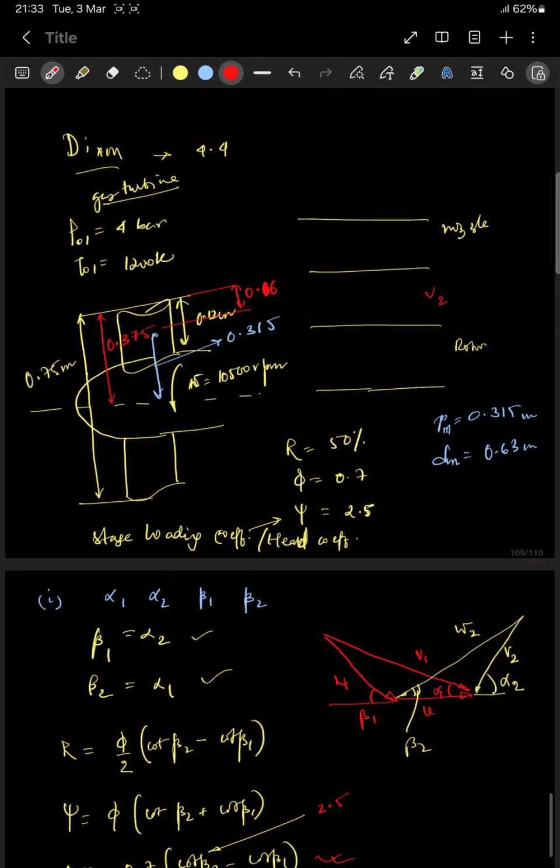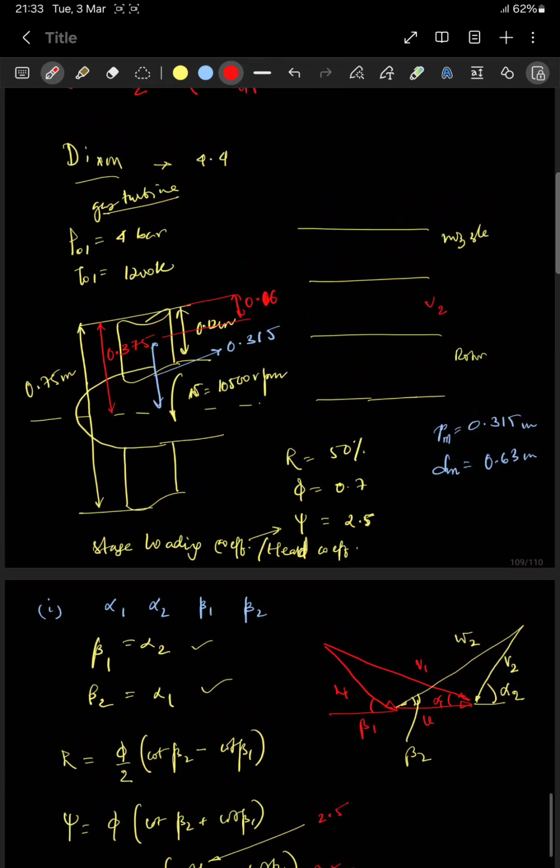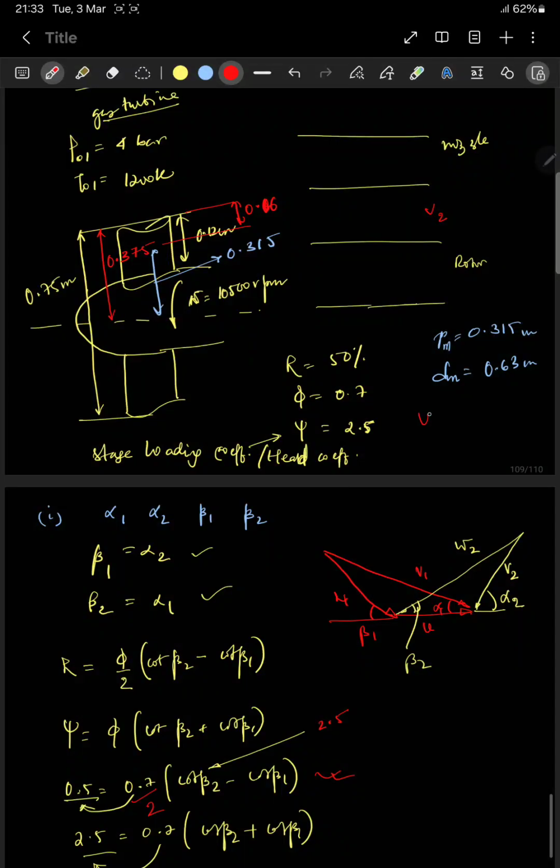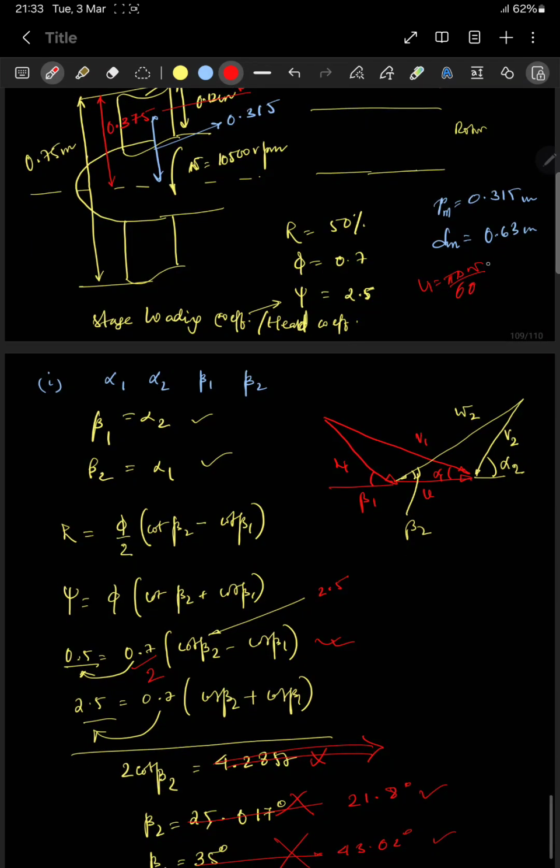It's V1. Okay. From all these you can find out U. U is pi d N by 60, is the formula. We can put this d over here, N is this.